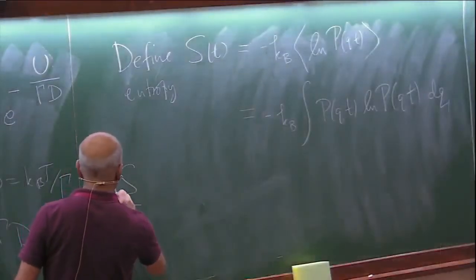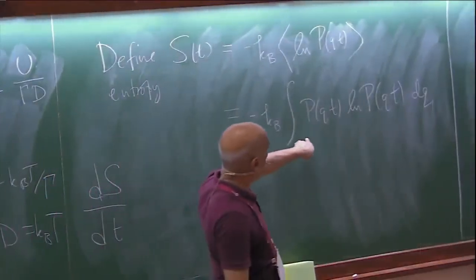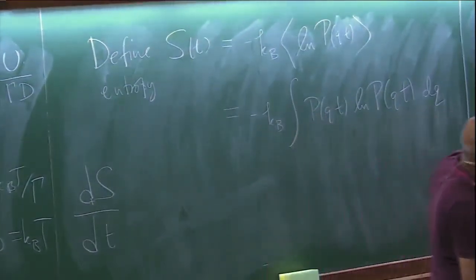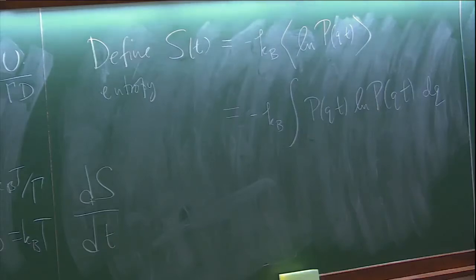S is only a function of time. You've integrated over all of the configuration space, so S is only a function of time. Of course, again, I told you I'm doing this more generally, and my notation's already gone bad, right? I've gone from sum to integral. Let me stick to my original notation.